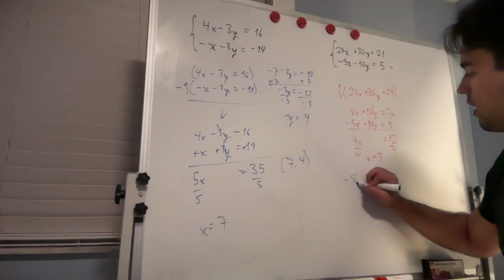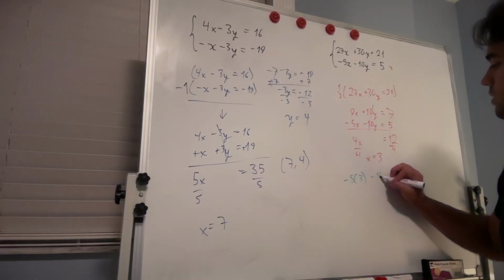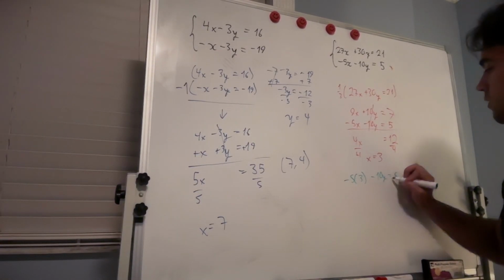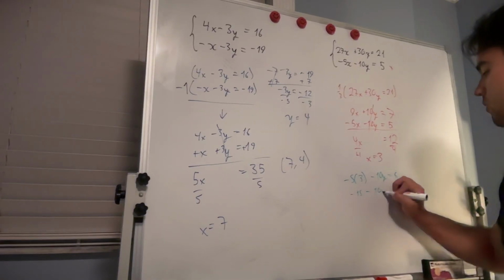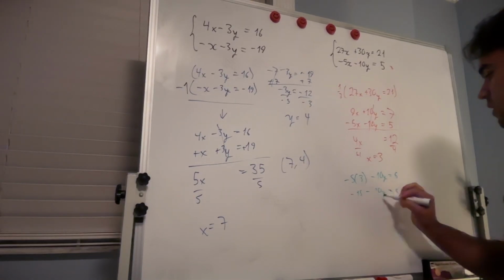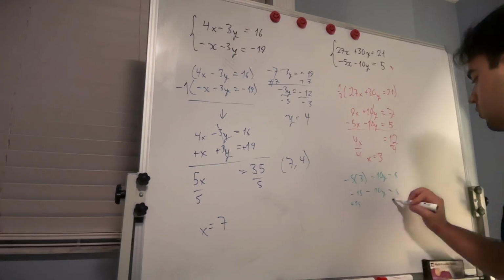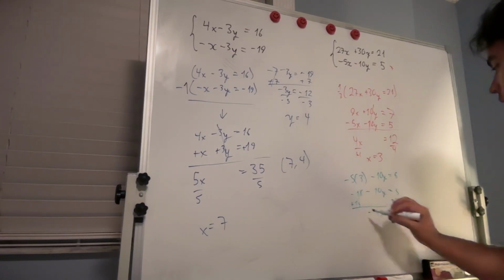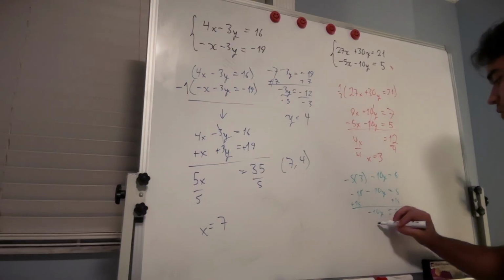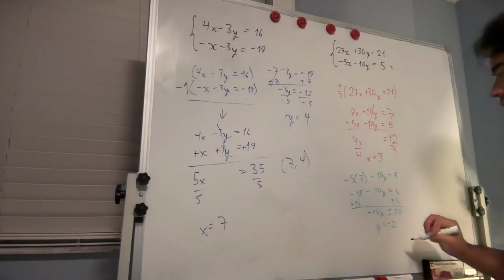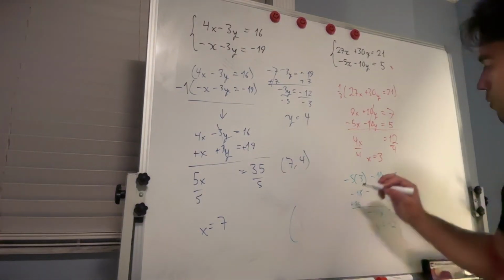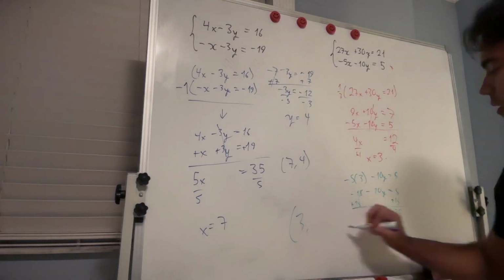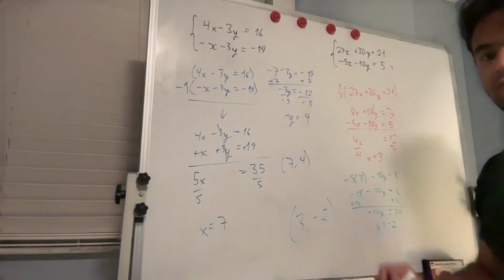So negative 5 times 3 minus 10y equals 5. That's negative 15 minus 10y. And then we can add 15 on both sides. So we'll end up with negative 10y equals 20, which means that y equals negative 2. And our solution for this system will be 3, negative 2.